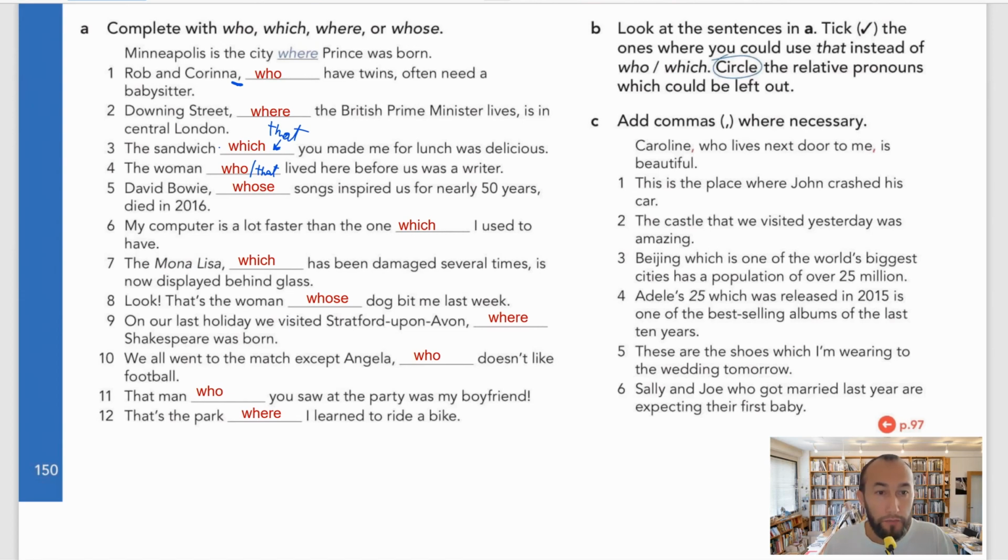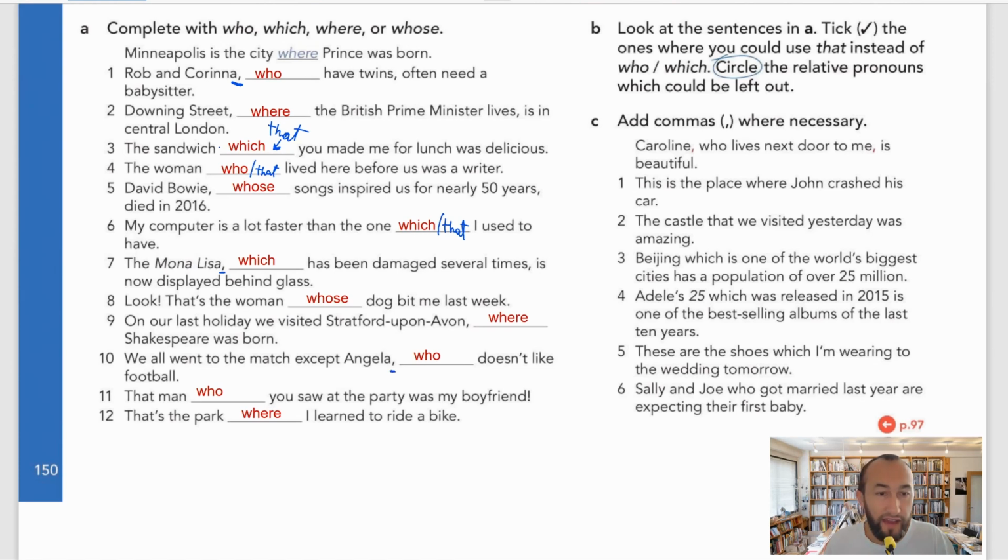Okay. My computer is a lot faster than the one which I used to or that I used to. That also works here. There you go, guys. 7, Mona Lisa, which has been. So there's a comma here, I can't use that. Look, that's the woman whose dog. I can't use that there. Number 9, where? No. Number 10, who? I can't use it because there's a comma.